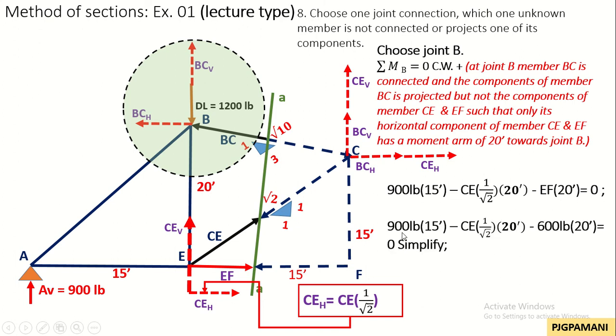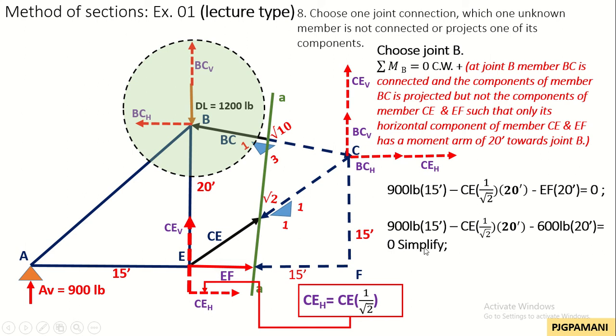Then substitute the value of member EF, which we have already solved from the previous recorded lecture. EF is 600 pounds, such that the equation now is 900 pounds times 15 minus CE times 1 over square root of 2 times 20 minus 600 times 20 equals 0 to put the system in equilibrium.